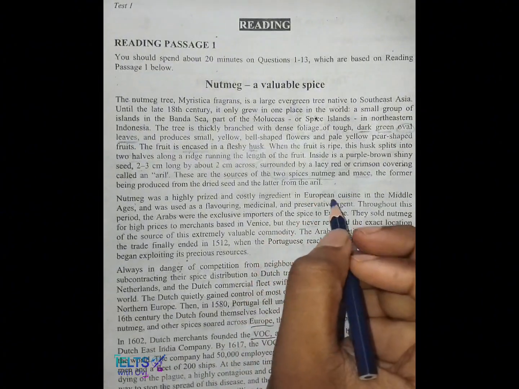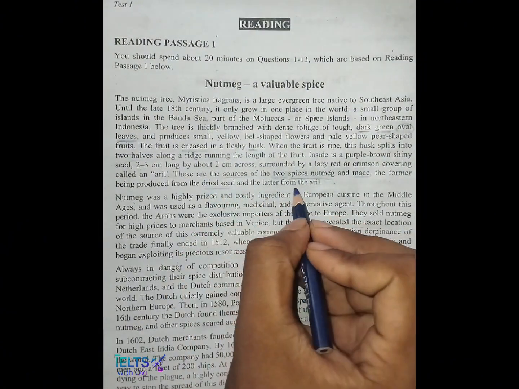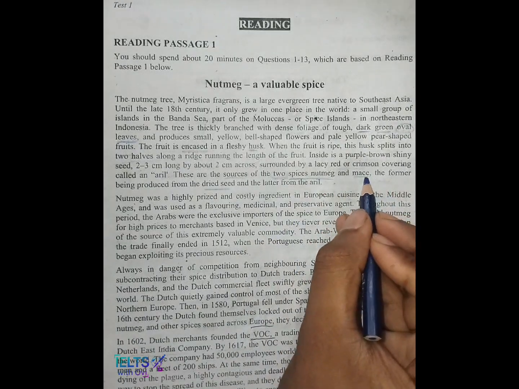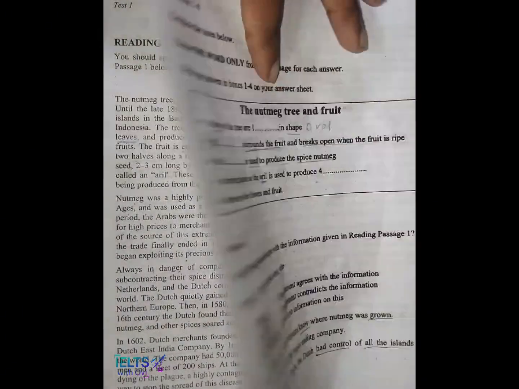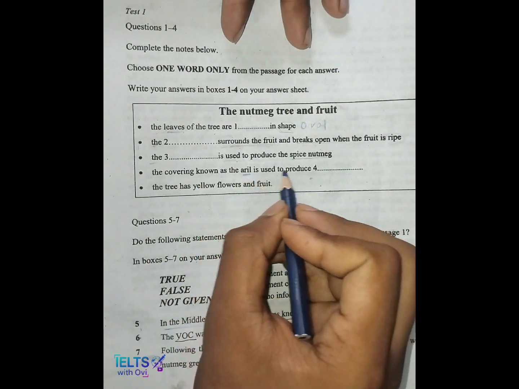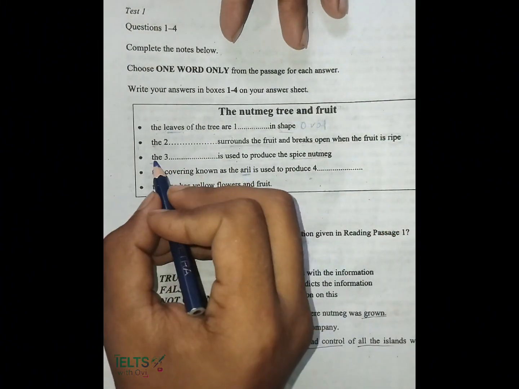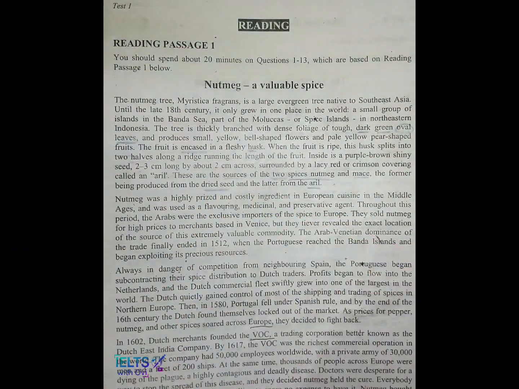So we understand that nutmeg is from the dried seed and the mace from the aril. The covering known as aril is used to produce. We also find aril, but question 3 is used to produce spice nutmeg. So dried seed is our answer.